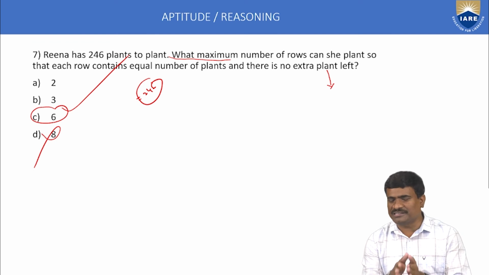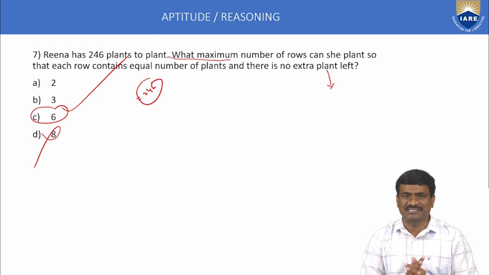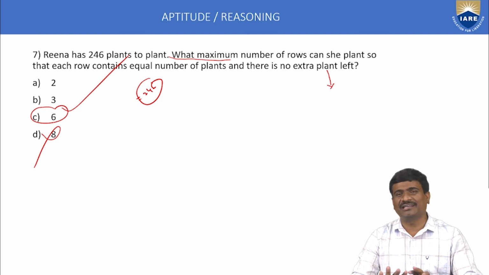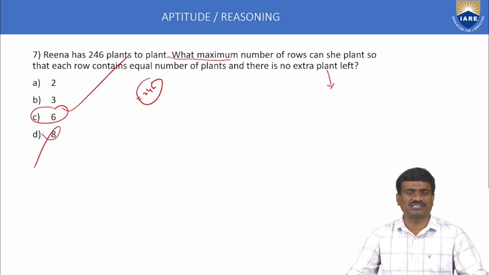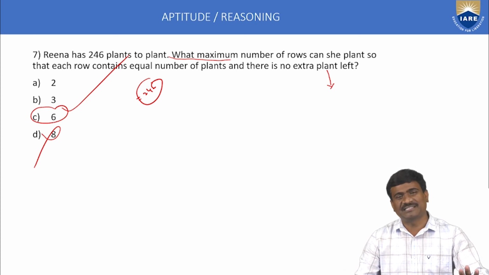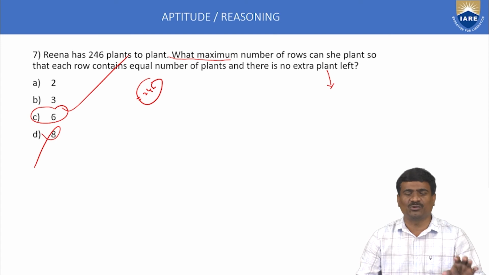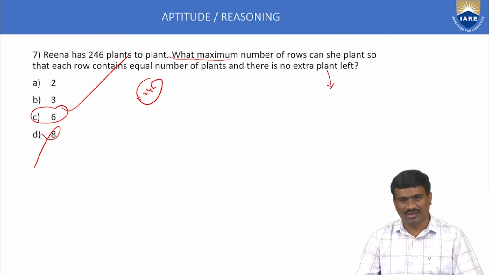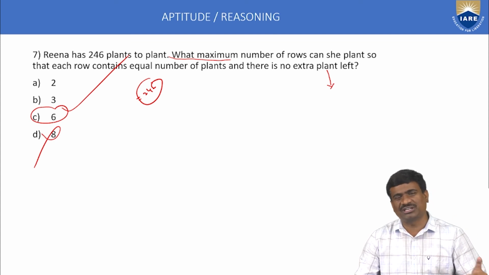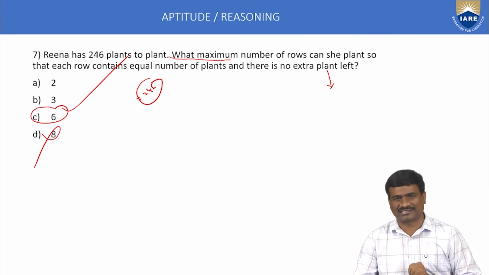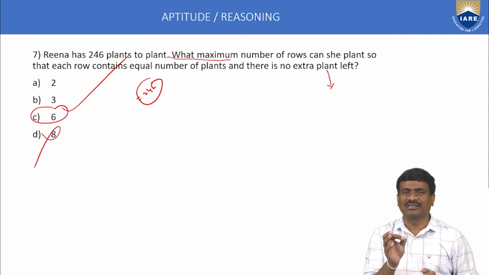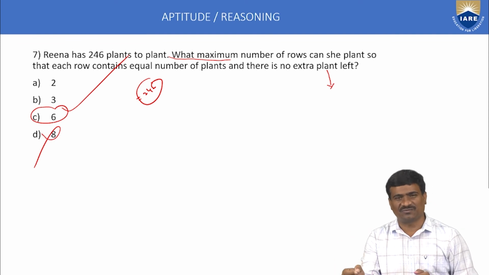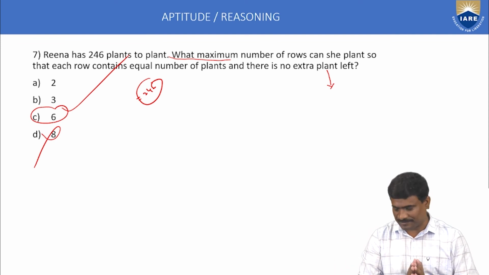For least, apply the LCM concept; for maximum or highest, consider only HCF. So the maximum value is 6. You just apply the LCM and HCF concept. That is the application.